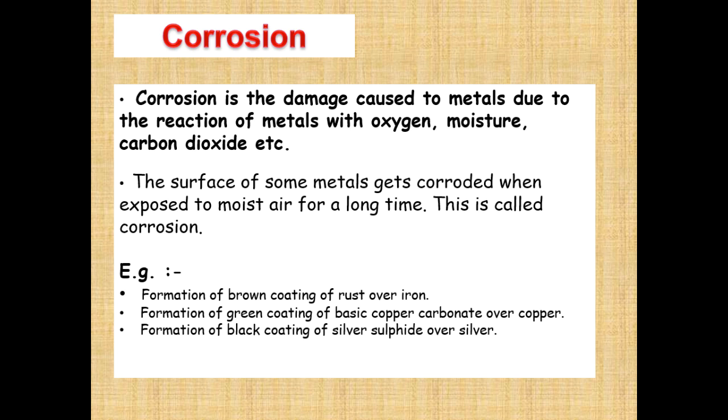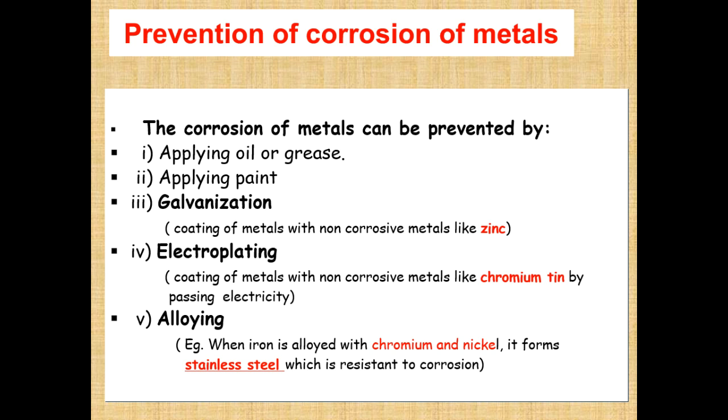The surface of some metals gets corroded when exposed to moisture and air for a long time. This is called corrosion. We should prevent this corrosion to keep the metals for a long time. What is the prevention of corrosion of metals?